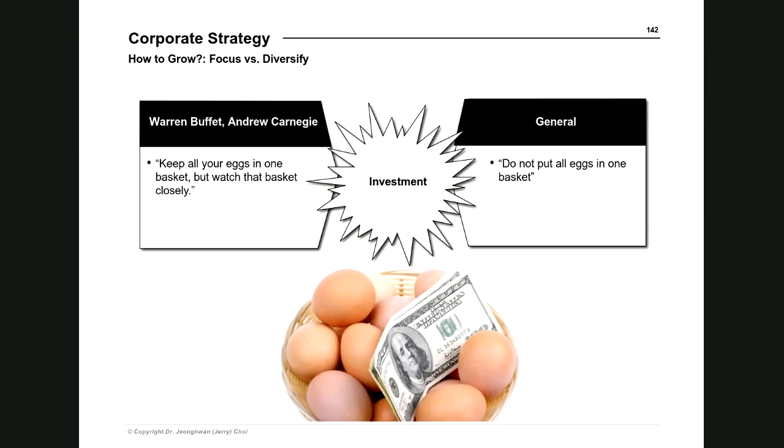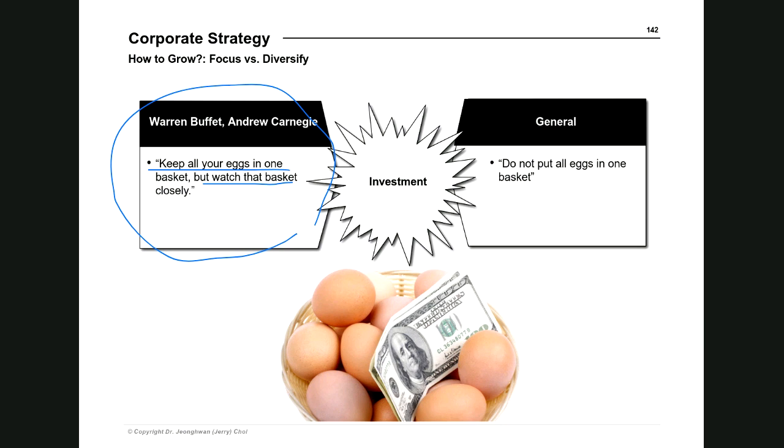Warren Buffett and Andrew Carnegie, among the richest people in human history, suggest this: keep all your eggs in one basket and manage that. That's fine. We just focus.